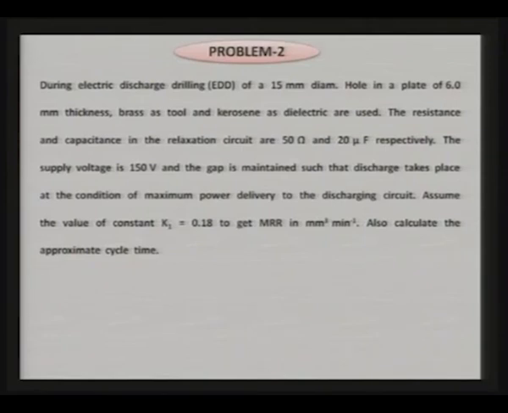The supply voltage is 150 volt and the gap is maintained such that discharge takes place at the condition of maximum power delivery to the discharging circuit. Assume the value of constant K_1 equal to 0.18 to get MRR in cubic millimeter per minute. Calculate the approximate cycle time.